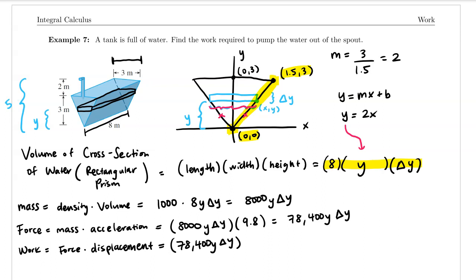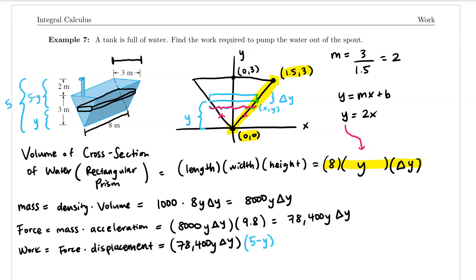And so if I want to know how far my water is traveling, then I basically want that distance. And so what number plus y gives me 5? Well, that is 5 minus y. And so my displacement here is 5 minus y.